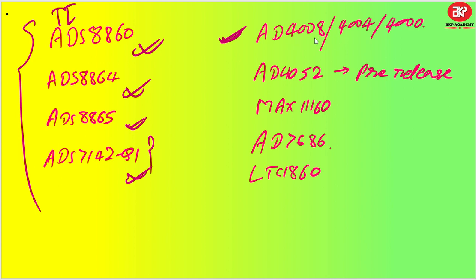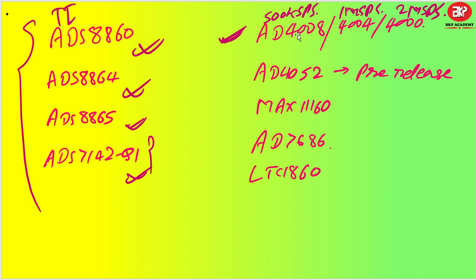This is going to be 500 kilo samples per second. If you want to increase the speed, then it can be 1 MSPS, like 1000 kilo samples per second, and this will be 2000 kilo samples per second. So you can utilize AD4000, 4004 or 4008.